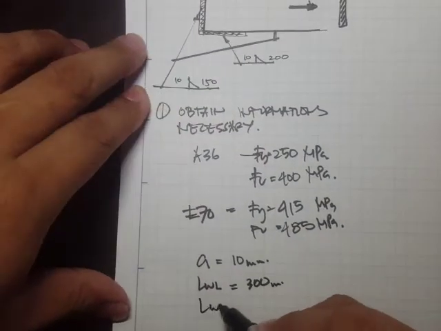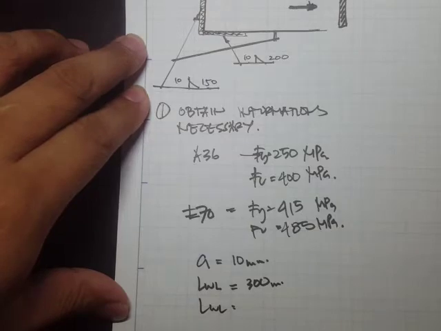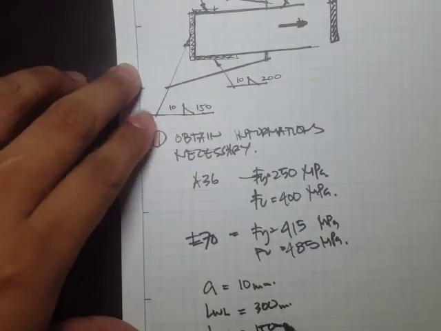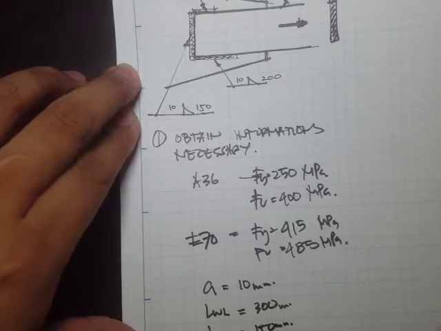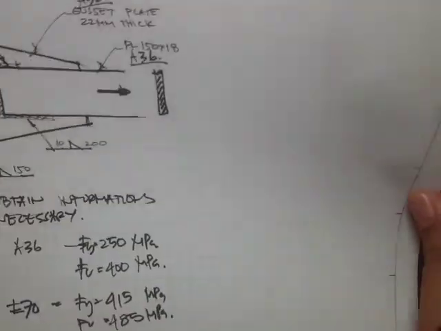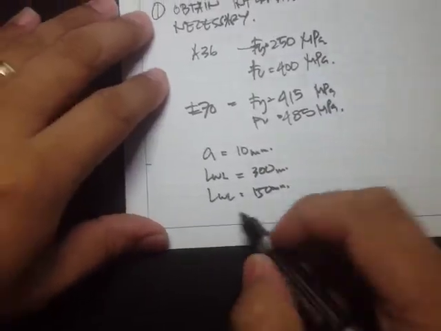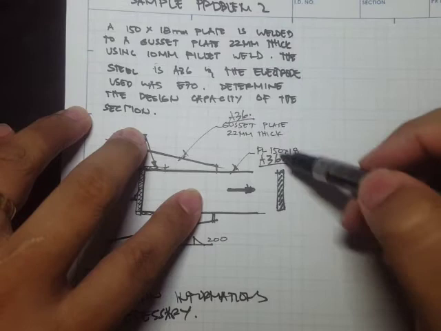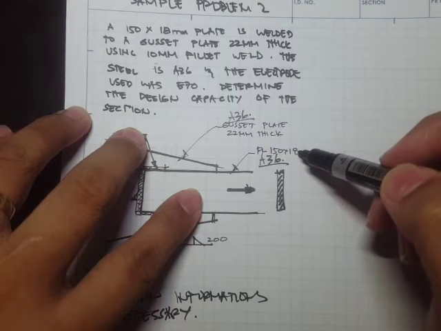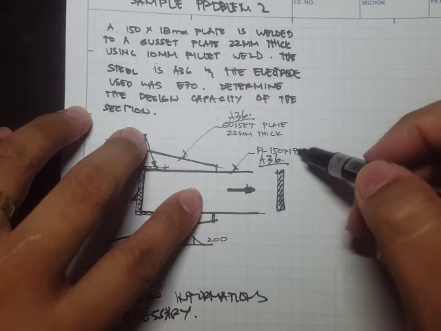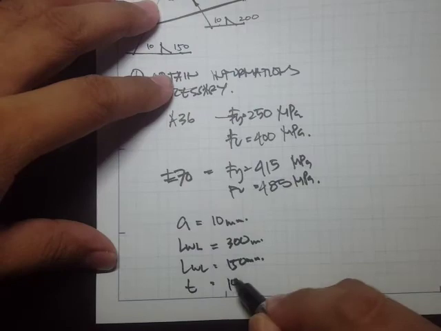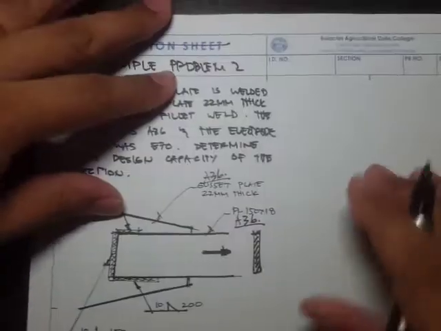But for the transverse, we have 150. We'll also write the thickness here. Since they're both A36, we'll just choose the smaller thickness. This one is 18, and the gusset plate is 22, so let's just say this is 18 mm.